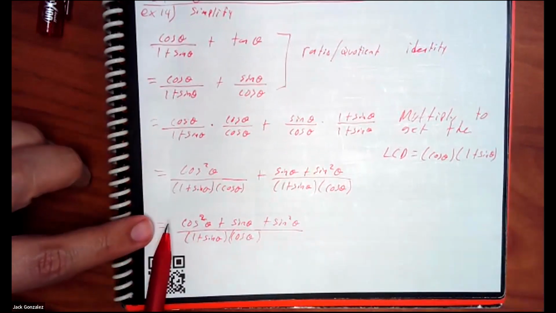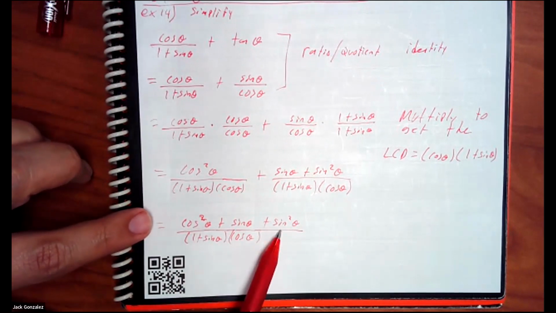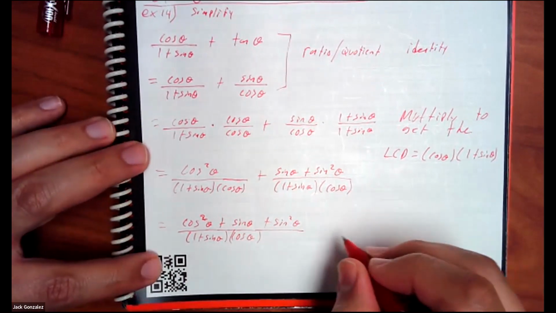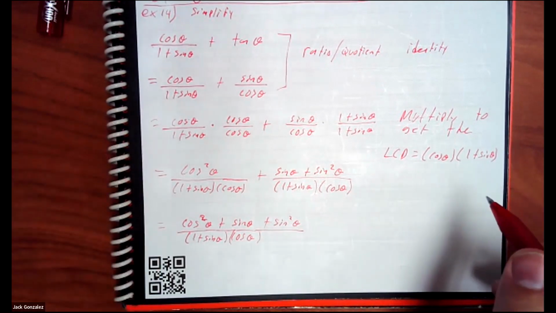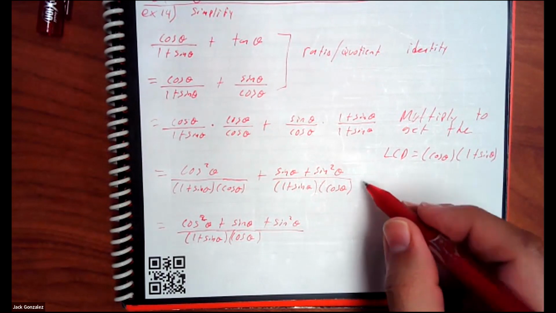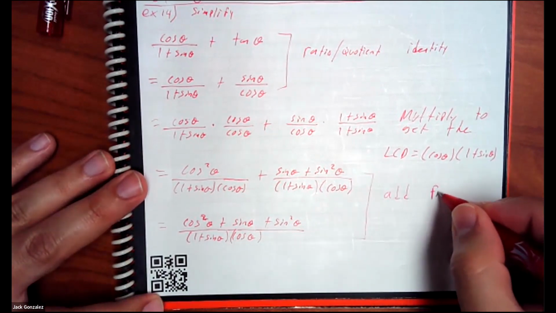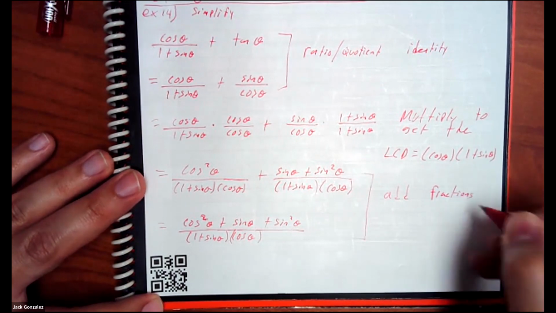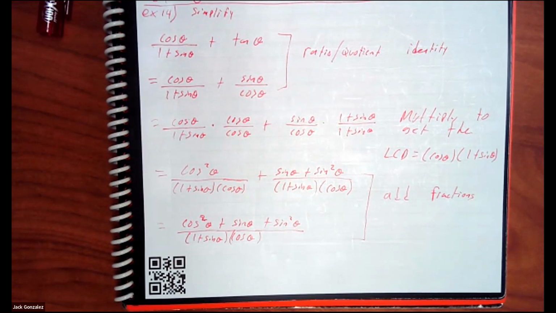So at this point, cosine squared plus sine squared is 1, right? That's the identity, one of the basic ones. So this becomes, let me see, maybe I have to go to the next page. Oh wait, turn the page.